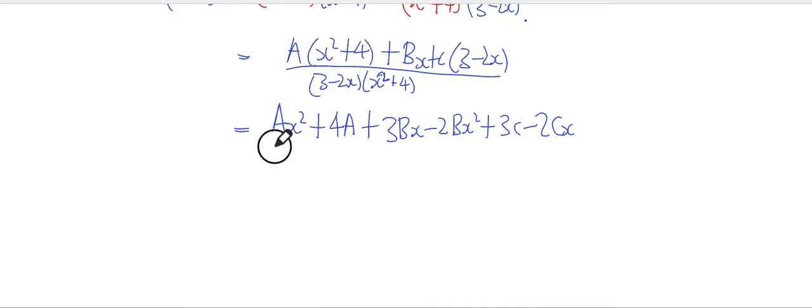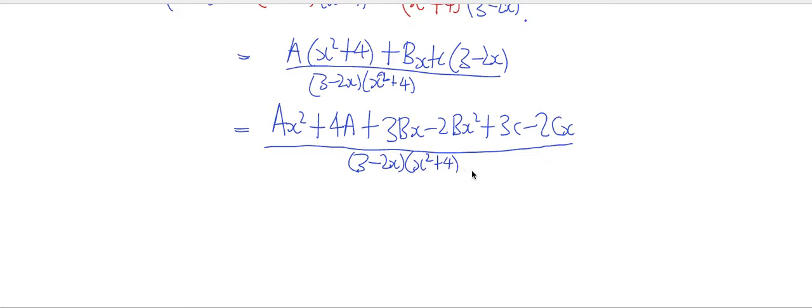You have to take extra care whenever you expand, because students tend to make mistakes, so please make sure that you take extra care whenever you expand. And then you have the denominator, which is 3 minus 2x and x squared plus 4.